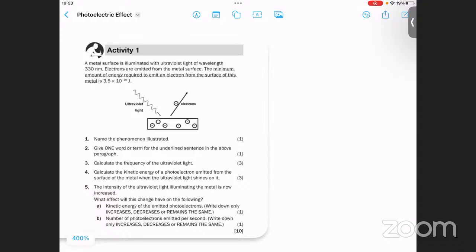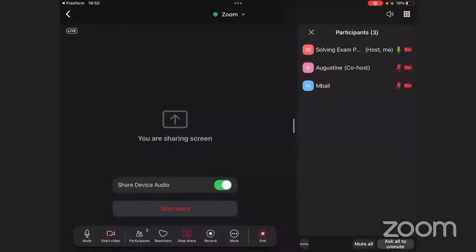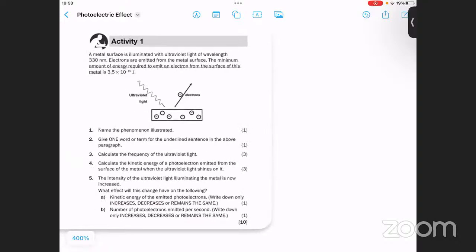So now they say, name the phenomenon illustrated there. Anyone who would like to give it a try to name the phenomenon which is illustrated there? Cristiano, Bali, you can just mention your name if you want to give it a try.